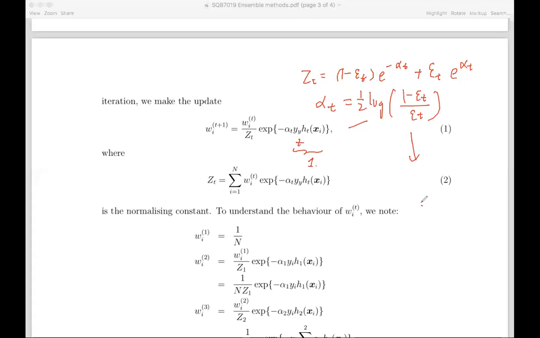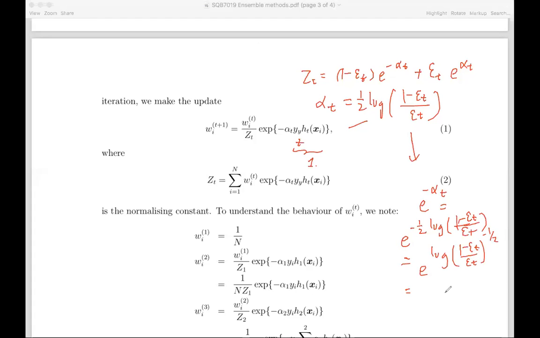So over here, when you have exponential minus alpha t, that will be exponential of minus 1/2 log of this, which is exponential log of this, minus 1/2.